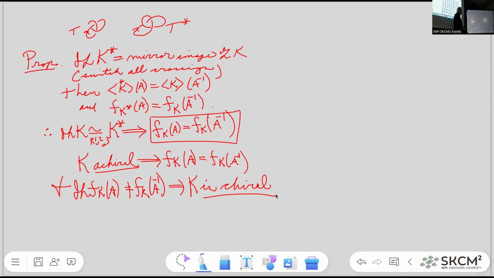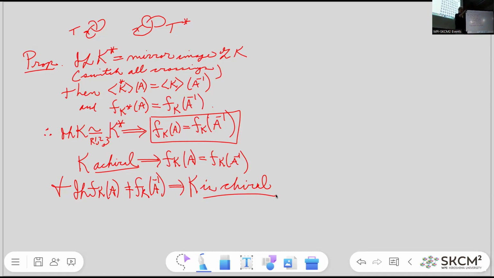Chirality means inequivalent to the mirror image. Achiral means equivalent to the mirror image. And that follows from this, right? If K was equivalent to K star, then F K star of A would be equal to F K of A. On the other hand, it would be equal to F K of A inverse.